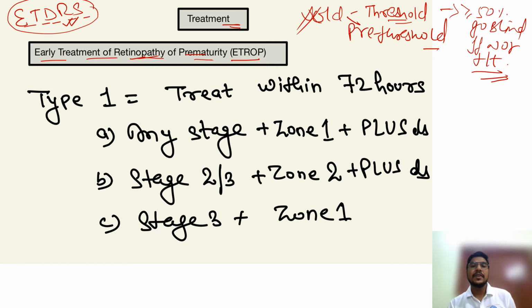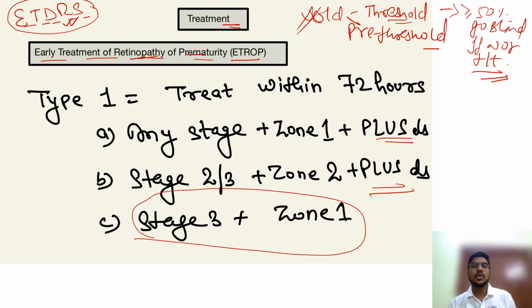The rest you can see: any stage in zone 1 with plus disease, stage 2 or 3 in zone 2 with plus disease, they come under this, and you have to treat this within 72 hours.